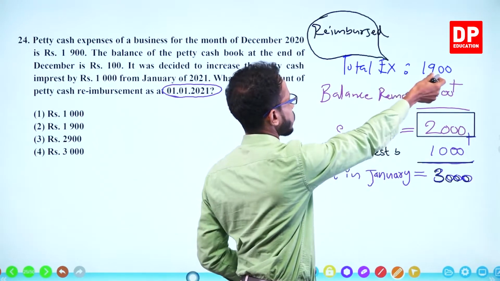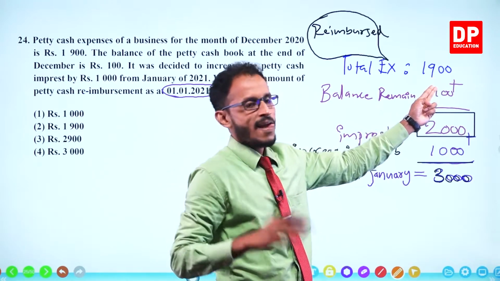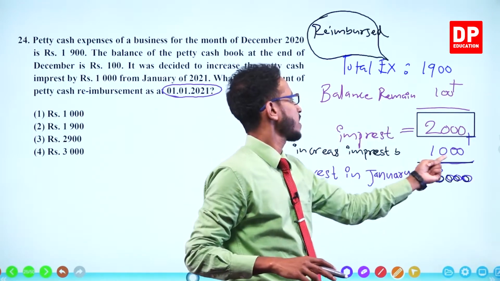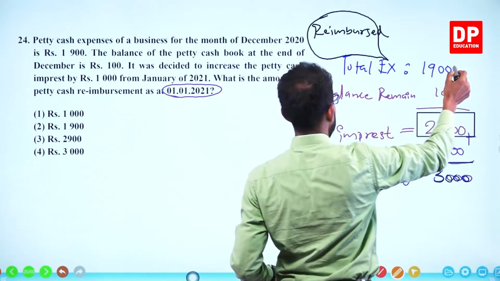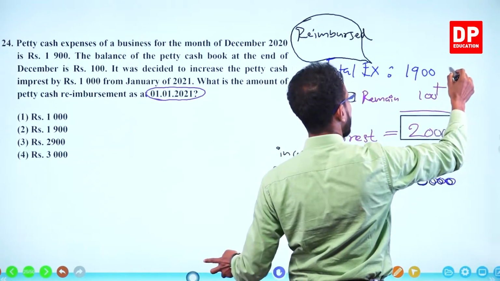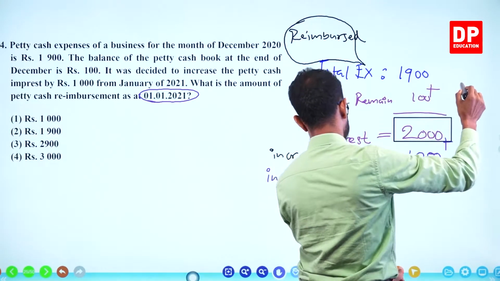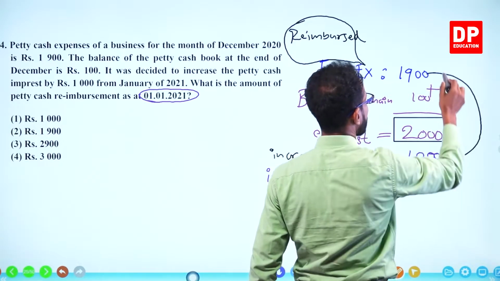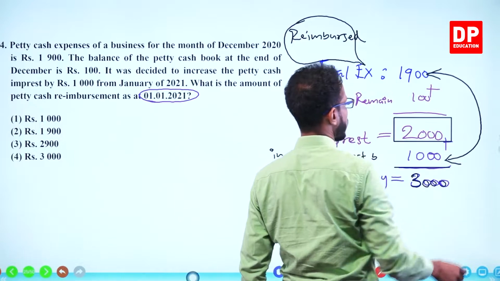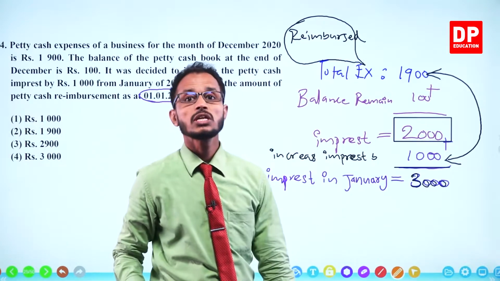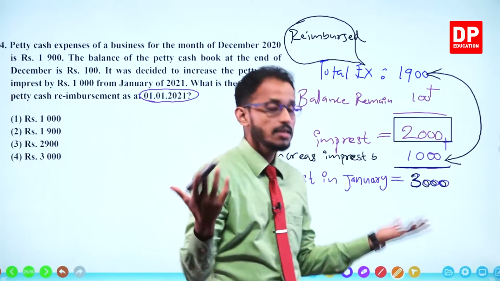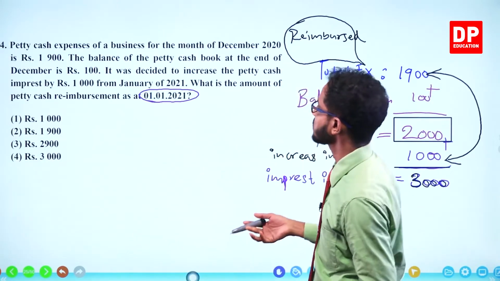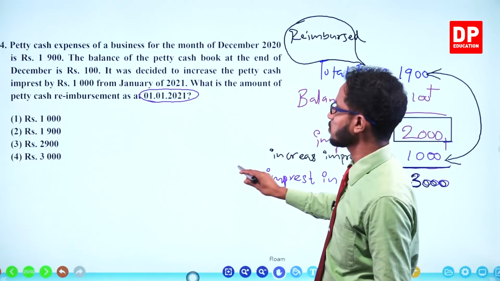Total expenses amount. With that, there's another 1000 which should be added. So 1900 plus 1000 is 2900. That is the reimbursement in January, 2900.